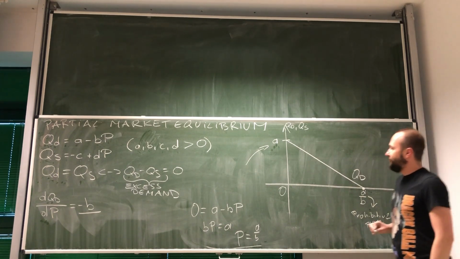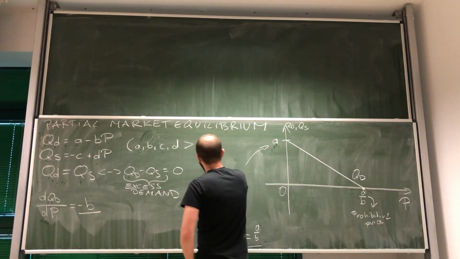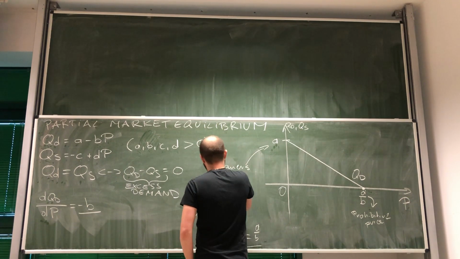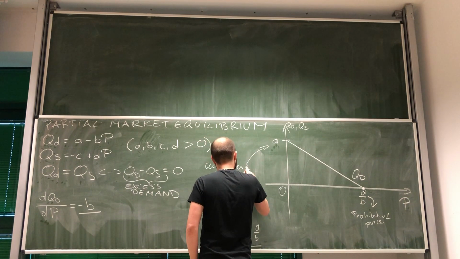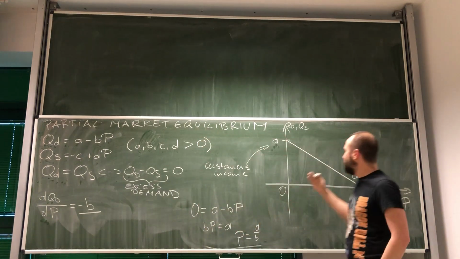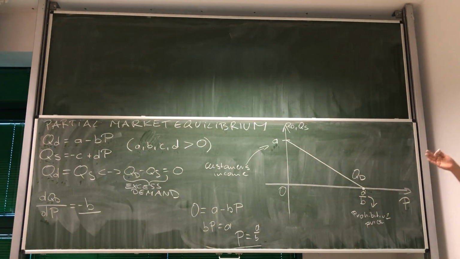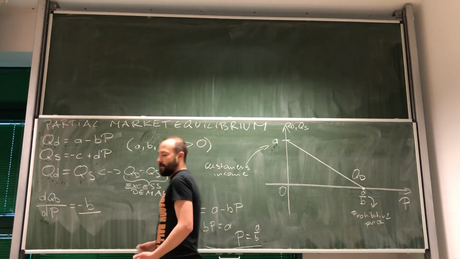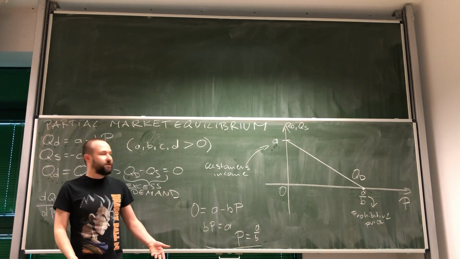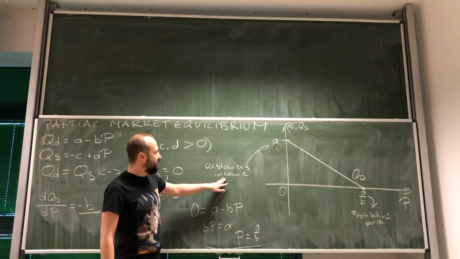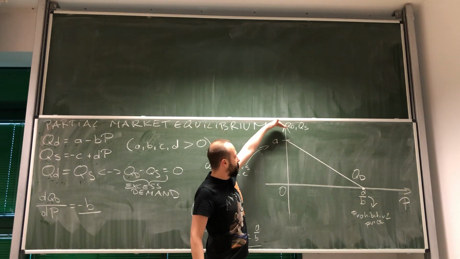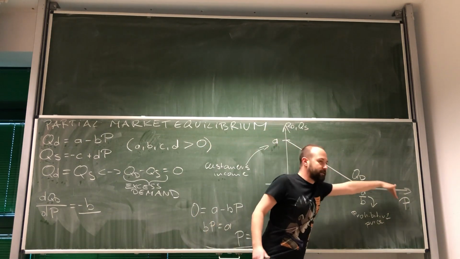Look, A, for example, could be customers' income. Assuming that the good is normal, we expect that the higher is the customer's income, the higher is demand for some good. And if customer's income goes up, we would see that A is getting bigger and demand increases, right?